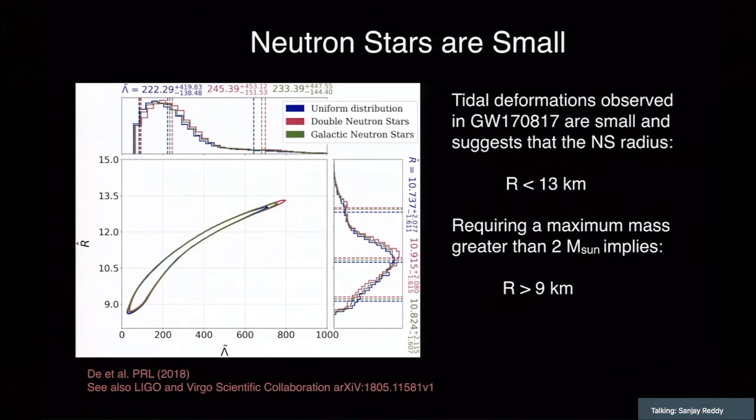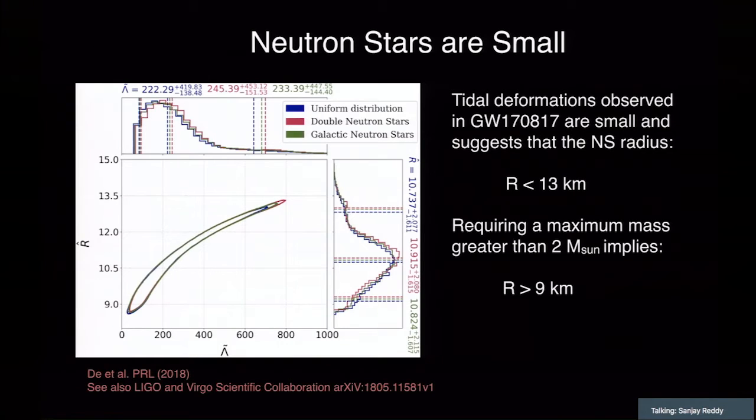The extractions clearly suggest that the data favors lambda tilde values of order 220 to 250. It depends on many details, for example our understanding of the neutron star population, because we don't quite know the individual masses of the two neutron stars very accurately. But the main conclusion one can draw from all of these analyses is that the tidal deformation of neutron stars is very small, which implies that the radius must be less than 13 kilometers.